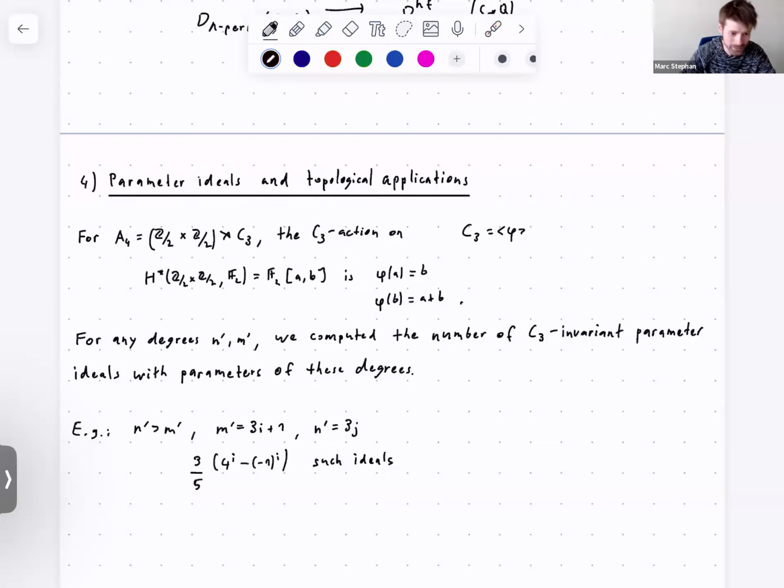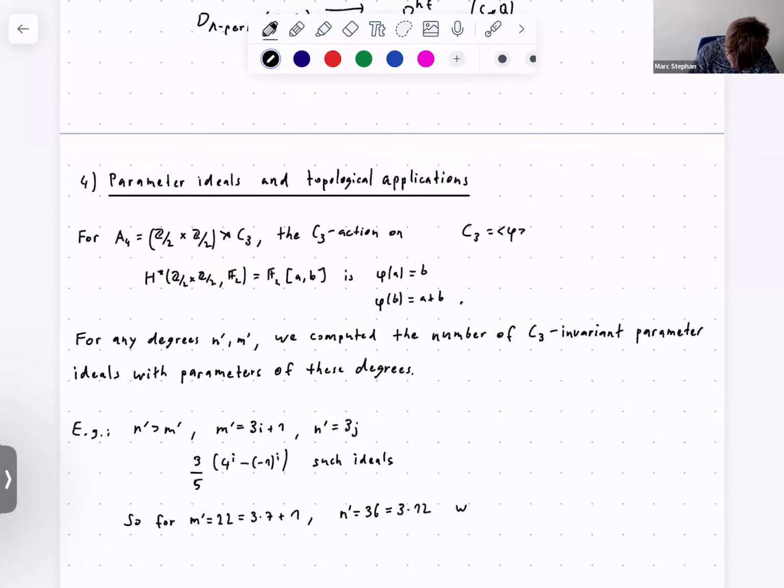And in particular, if we look at the question from the beginning, where we were interested in somehow degree 21, so the parameter is 1 bigger, so we need to look at 22, which is 3 times 7 plus 1, and then the other one was like 35, so we look at 35 plus 1, 36, which is 3 times 12.